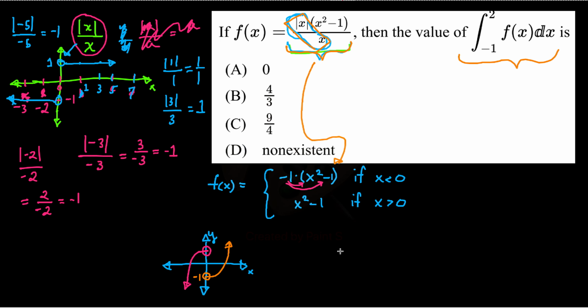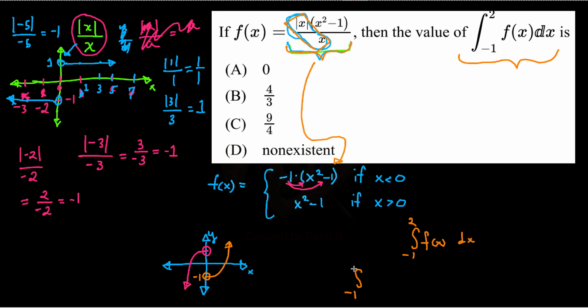So you want to break up the integral into two pieces. It's from -1 to 2 of f of x dx, but we want to break it up along where it's defined.